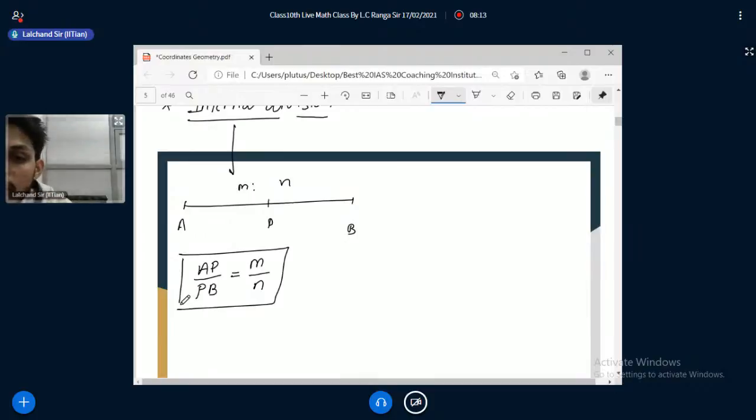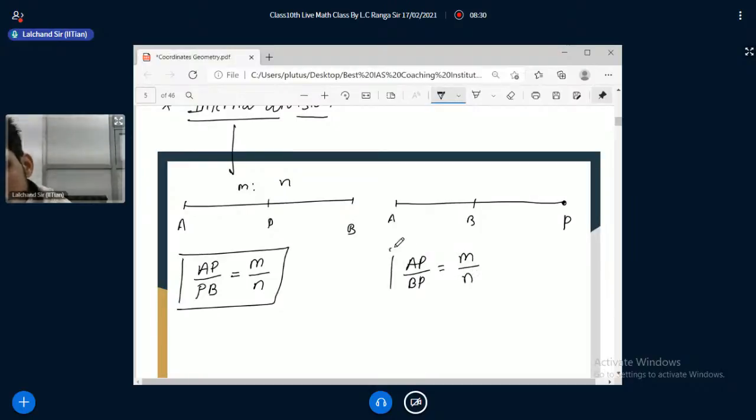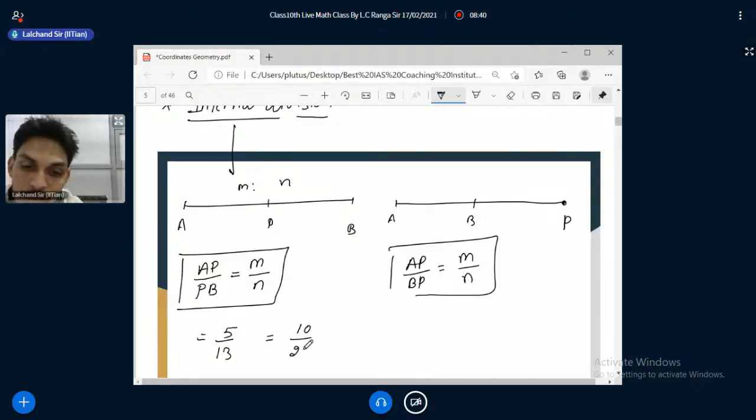Okay. So if we make an external division, let's suppose this is A, this is B, and here is a point P outside this line segment. We can also have the same ratio m to n if we write AP by BP, because this is the ratio of two distances. Like I have a ratio like 5 by, let's say, 13. If I multiply by 2, then I get 10 by 26. So this is the kind of scenario here.